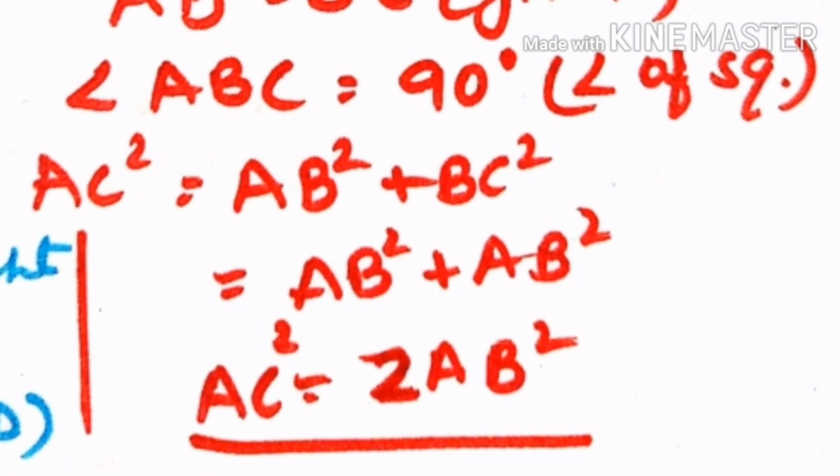So it is equal to AB square plus AB square, which is 2 times AB square. Therefore, AC square is equal to twice AB square, which they asked to prove. So students, if you draw the figure, it will be clearer to you how the proof is done.